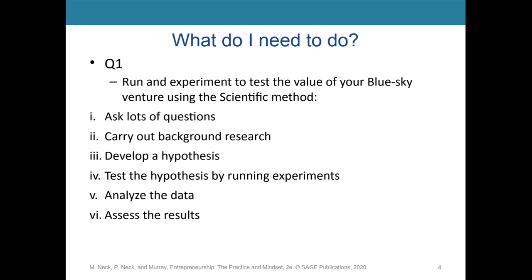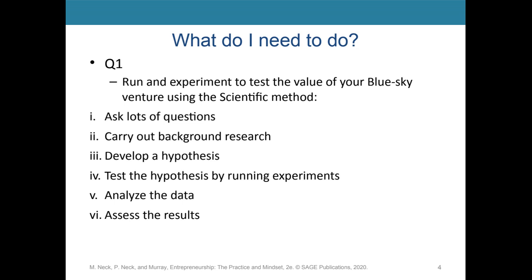Because we are doing positivist research, and because it's quantitative in nature, my best bet for you would be to do some questionnaires. You then need to analyze the data and then assess the results. So that's the process that you're going to follow.